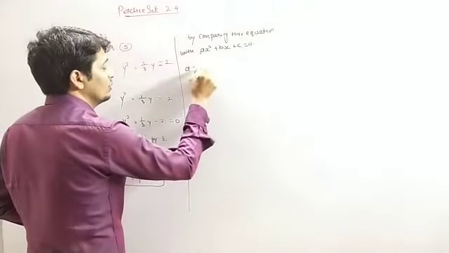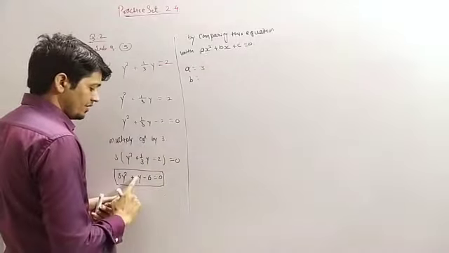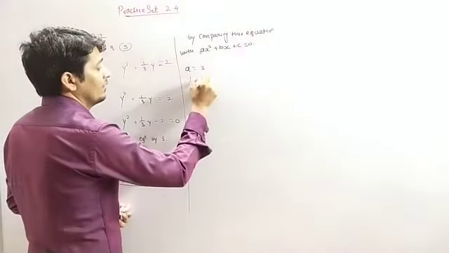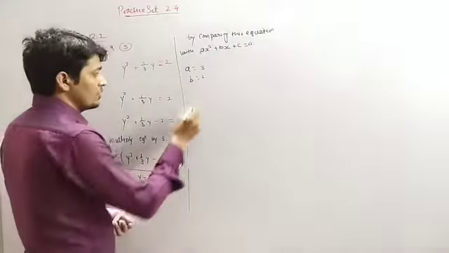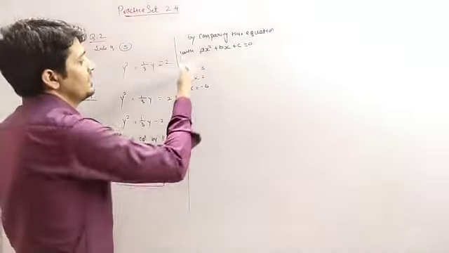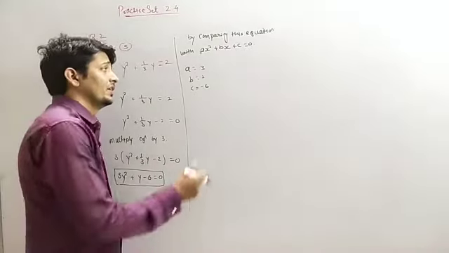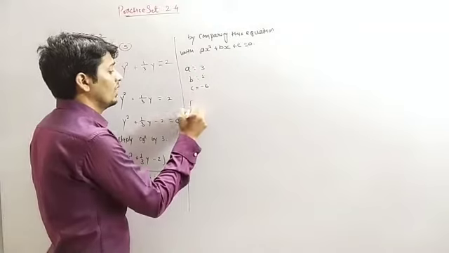So a equals 3. b equals, we have here, 1. Then c equals minus 6. Okay, so these are the values of the a, b and c coefficients. So we can solve easily now. So we have the formula.